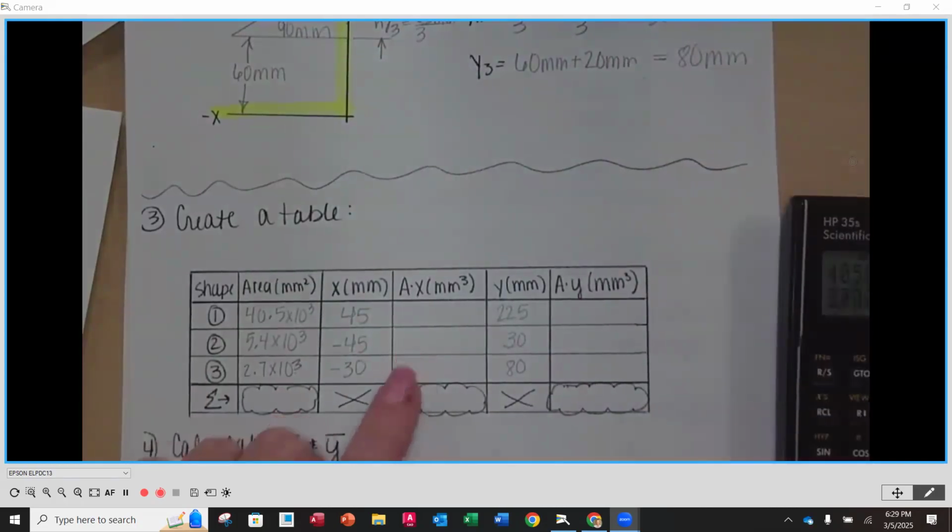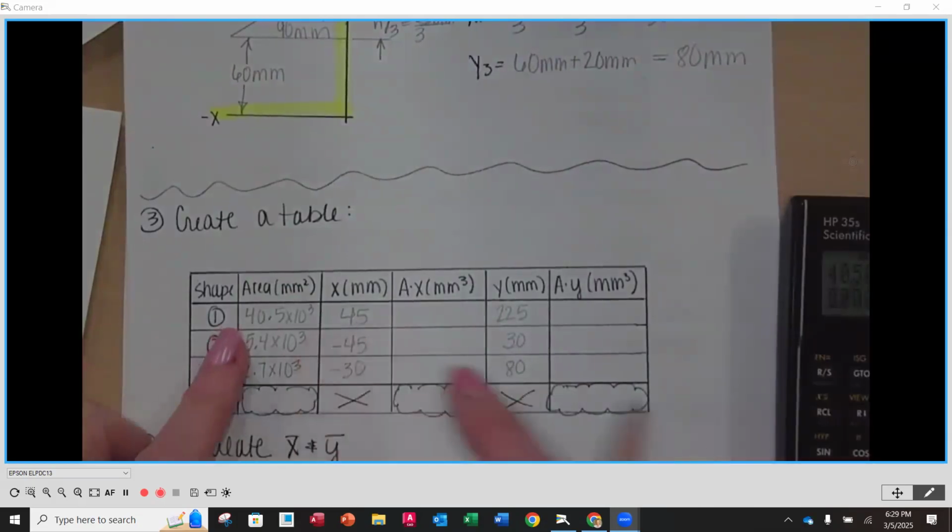And then also do your sums as well as your multiplication, like for the A times the X's and Y's.